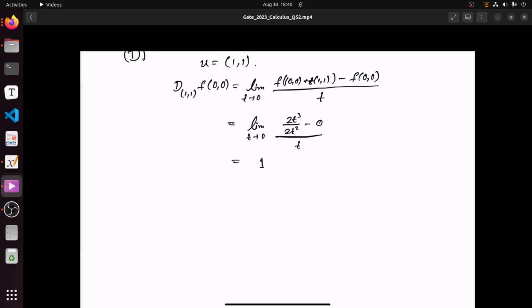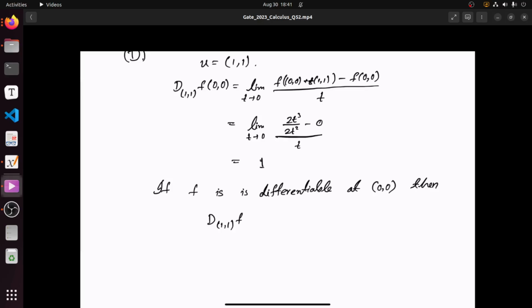So if f is differentiable at 0 0, then by that theorem it should have a directional derivative at the point 0 0 in the direction 1 1.